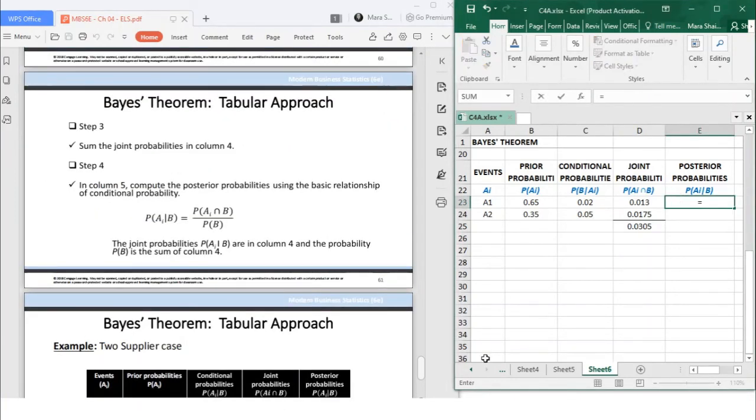With that, let's get the probability. Your joint probability divided by the sum.